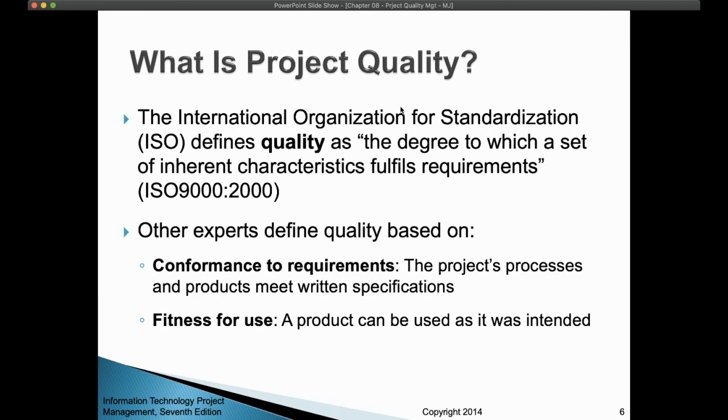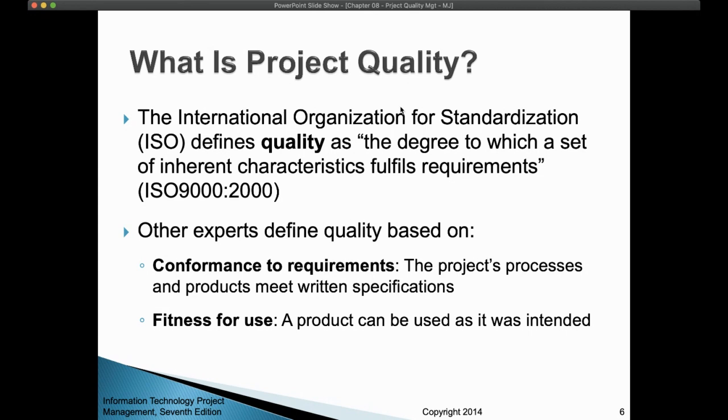Other experts also had these definitions of the main components in your products. The conformance to requirements: the project's processes and products meet written specifications. So if you are producing a car, for example, there have to be requirements.